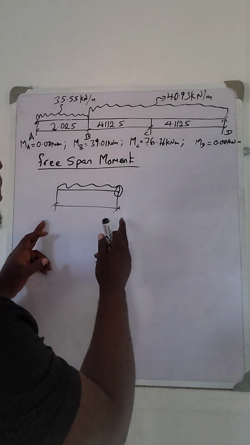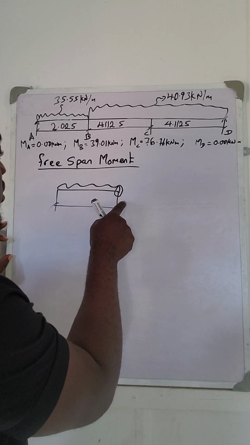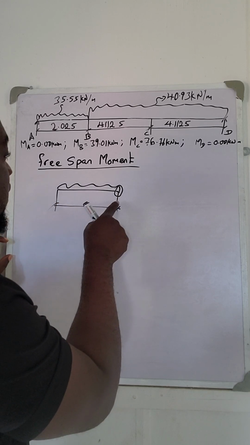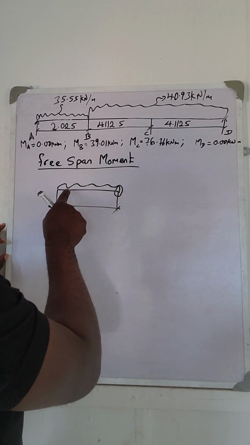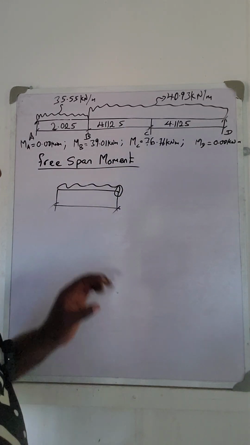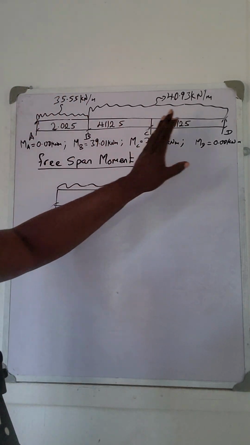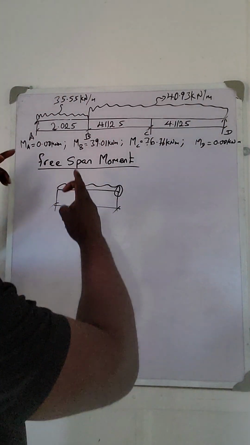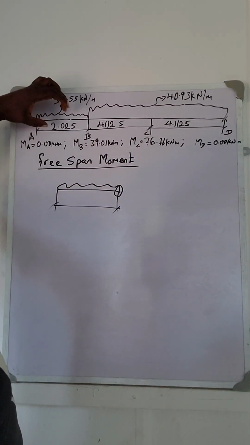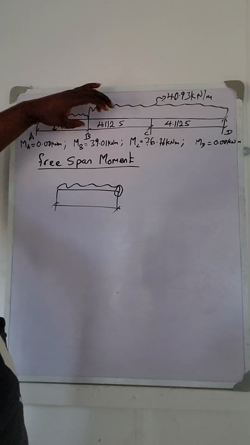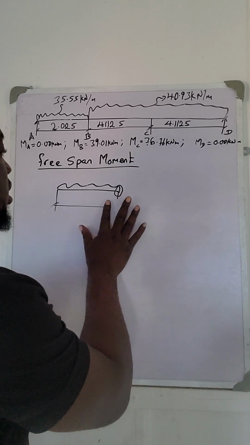So free span moment is the maximum moment that occurs when a beam is supported at its ends and is subjected to uniform loading. That is what free span moment is talking about. In a continuous beam, free span moment assumes that every span is simply supported.